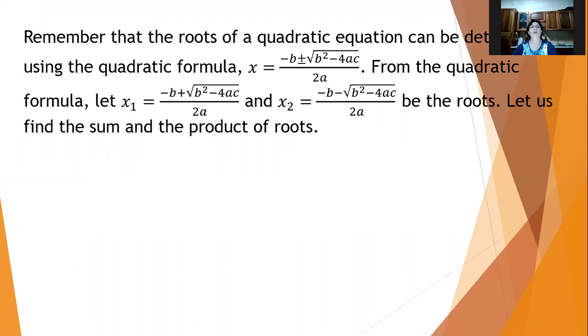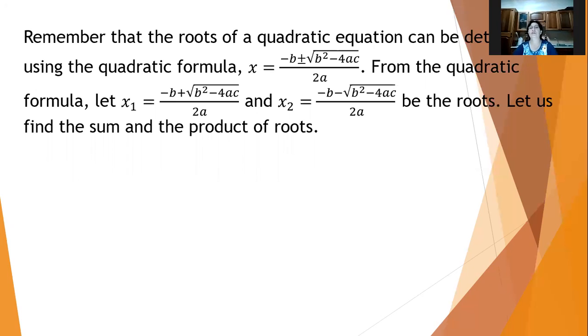Now, remember that the roots of quadratic equation can be determined using the quadratic formula. And what is the quadratic formula? It is x is equal to negative b plus or minus square root of b squared minus 4ac over 2a.